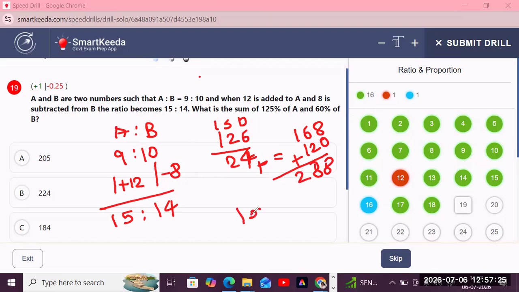So 1 part is equal to 12. So here it's 180 and here it's 168. Subtracted from this, so here it will become plus. So the sum.